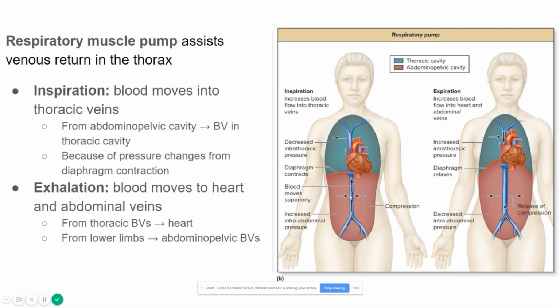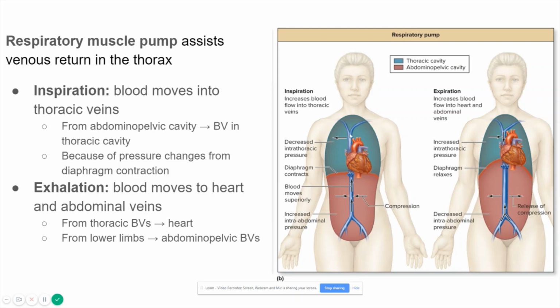That increase in pressure drives blood upwards into the thoracic veins. And even if it's driving some of the blood downwards, that blood doesn't really go anywhere because remember, these large veins have valves in them that cause the blood to be able to flow only in one direction, which is towards the heart. So anyways, when you're breathing in, that drives blood up here into the thoracic veins.